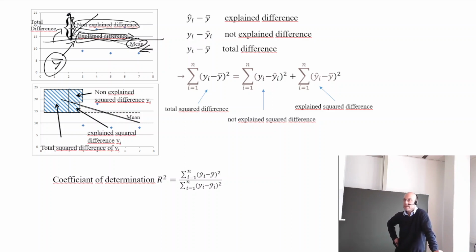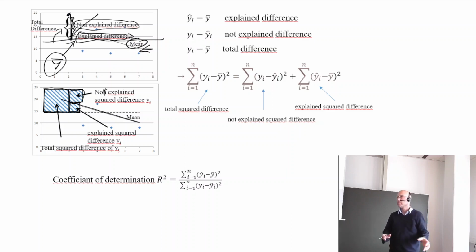And of course, we discussed that we don't take the distance, but we take the squared distance. And then we can say that this here is the total squared distance with respect to the mean. This is the explained squared distance, and this is the not explained distance.